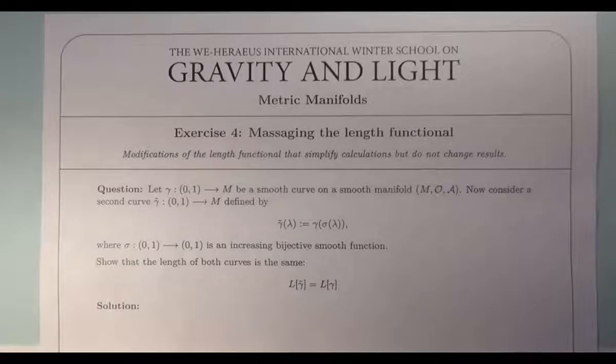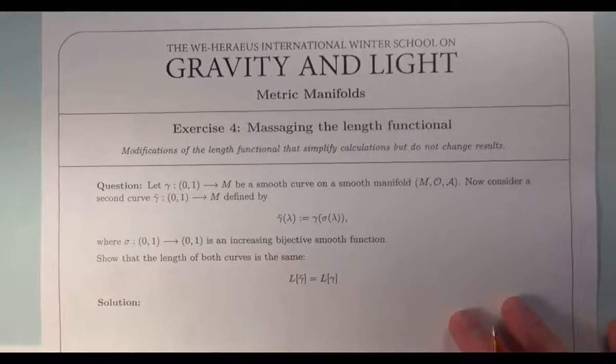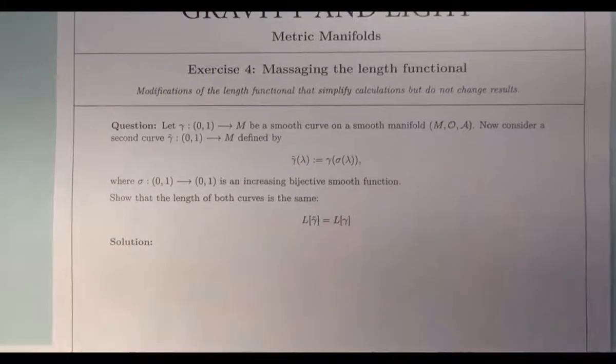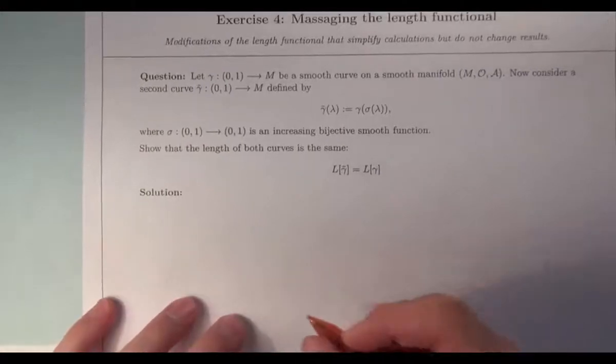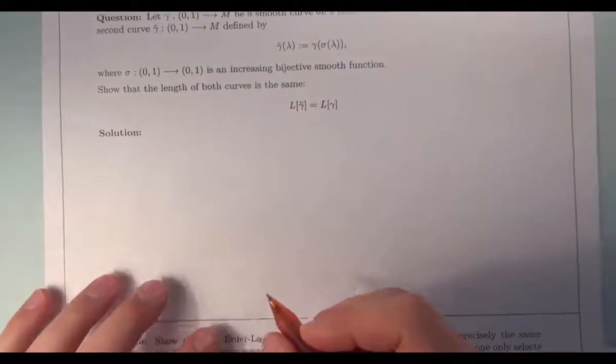We should now show that the length of both curves is the same. Therefore, we start with the left-hand side and calculate to the right-hand side. Plug in the definition first.